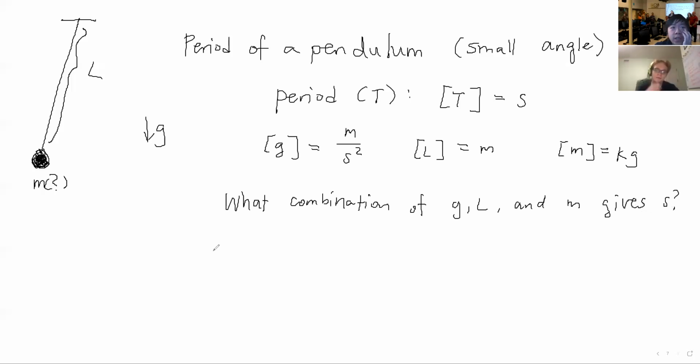The first way is to say, okay, if I take G to the alpha, right? Because the unit combination is always going to be one thing to some power times another thing to another power. So G to the alpha is equal to meters to the alpha times seconds to the negative 2 alpha.